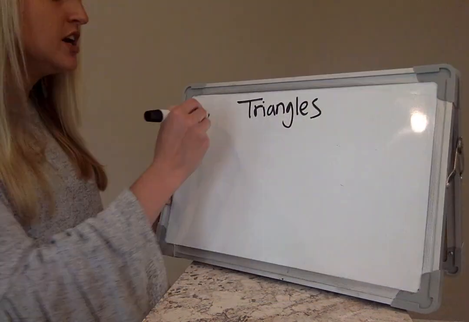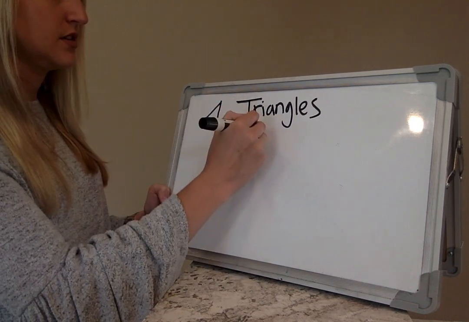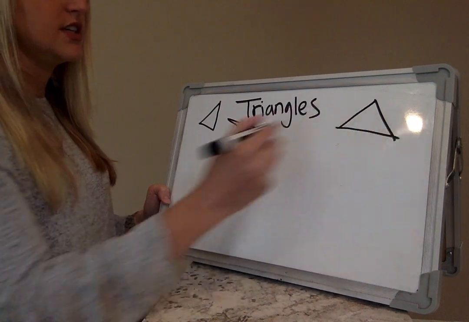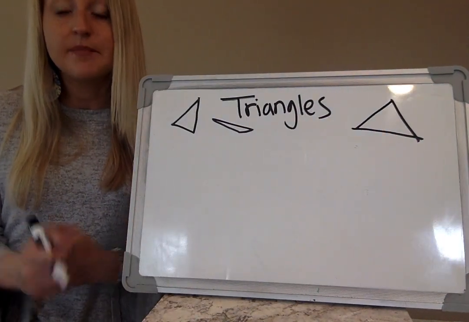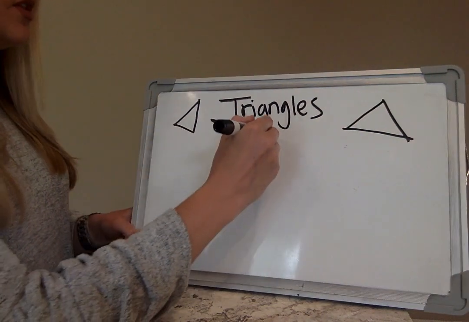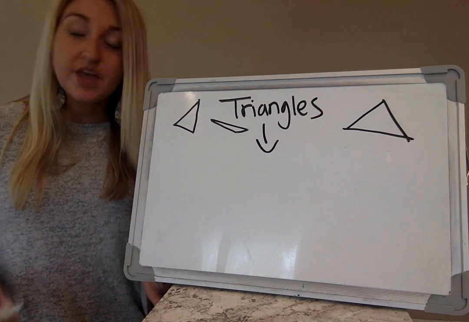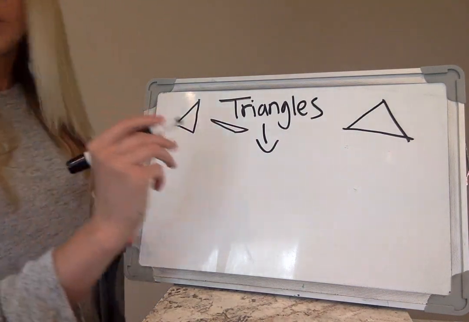We know there's tons of triangles. This is a triangle. This is a triangle. This is a triangle. We're going to get more specific each time. Next, my first subcategory that I'm going to create, I'm just going to add one specific attribute this time.